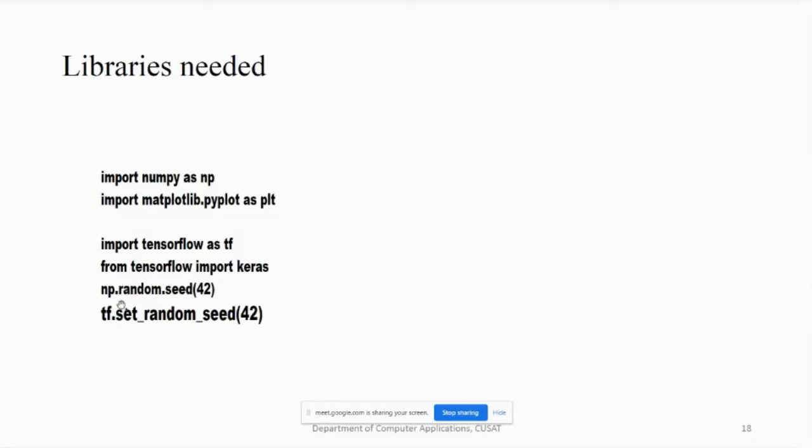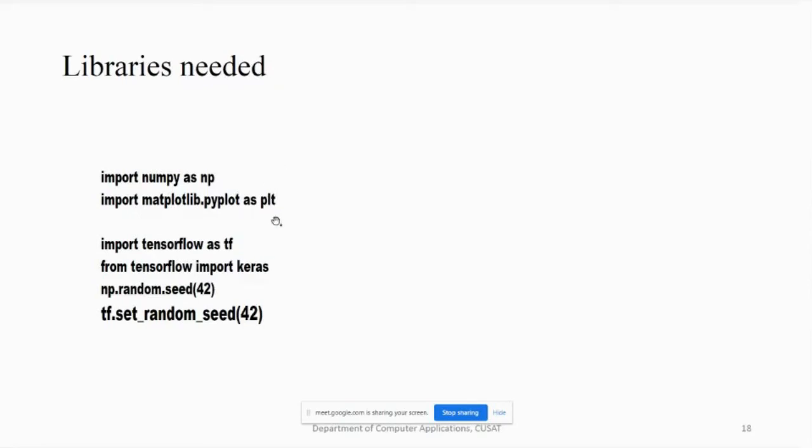Then next is np.random.seed(42). That is in order to initialize the matrices we are considering for implementing this activity, and the values contained in the matrix we have to initialize.